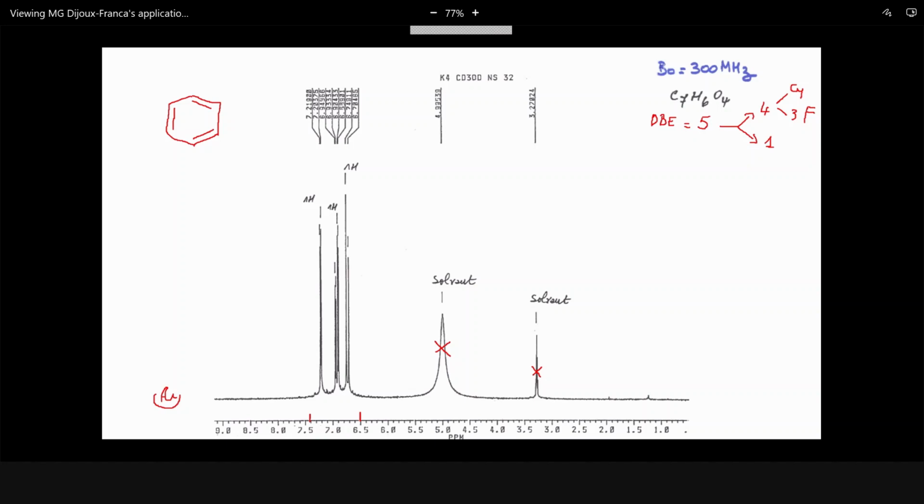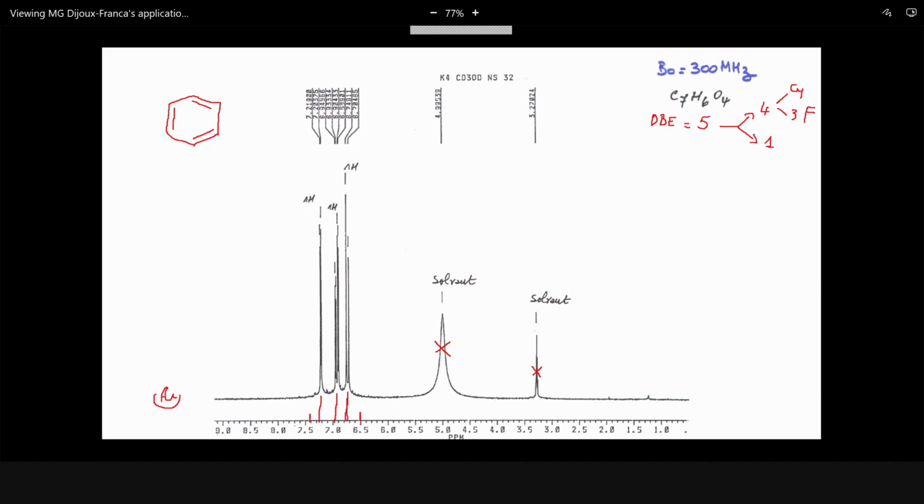Yeah, but what I mean is how many different chemical shifts, how many different groups of protons? There are 3 different groups. So I have one here, the other here, and another here.